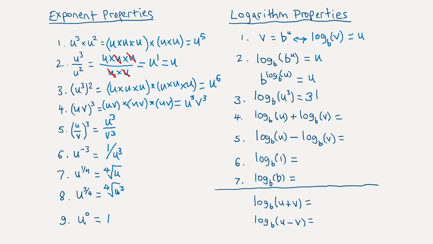So I end up with 3 times the base b logarithm of u. Number 4, if I've got log of u and then I add the log of v, and we're using the same base for both logarithms, then that's the same as the base b logarithm of u times v.